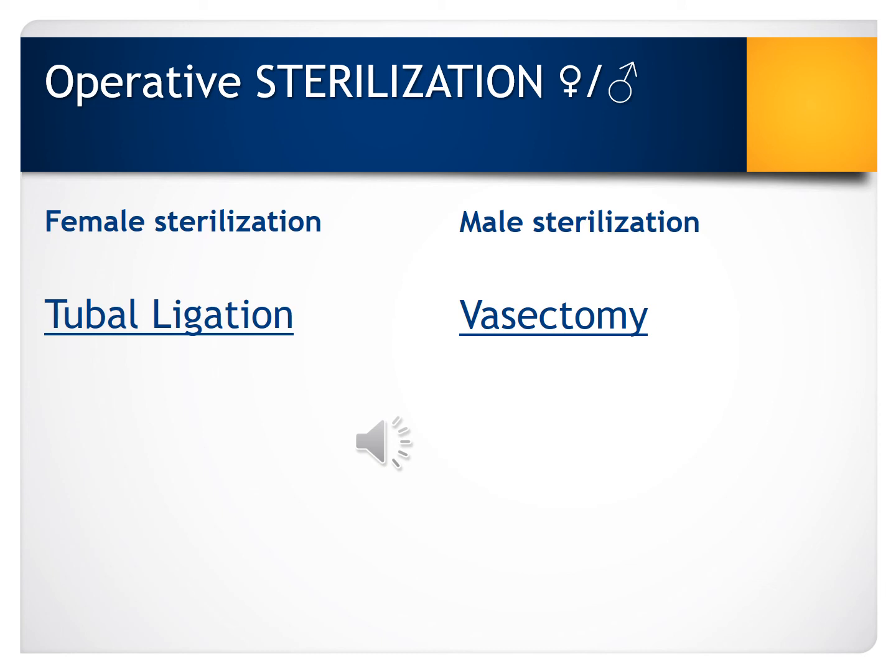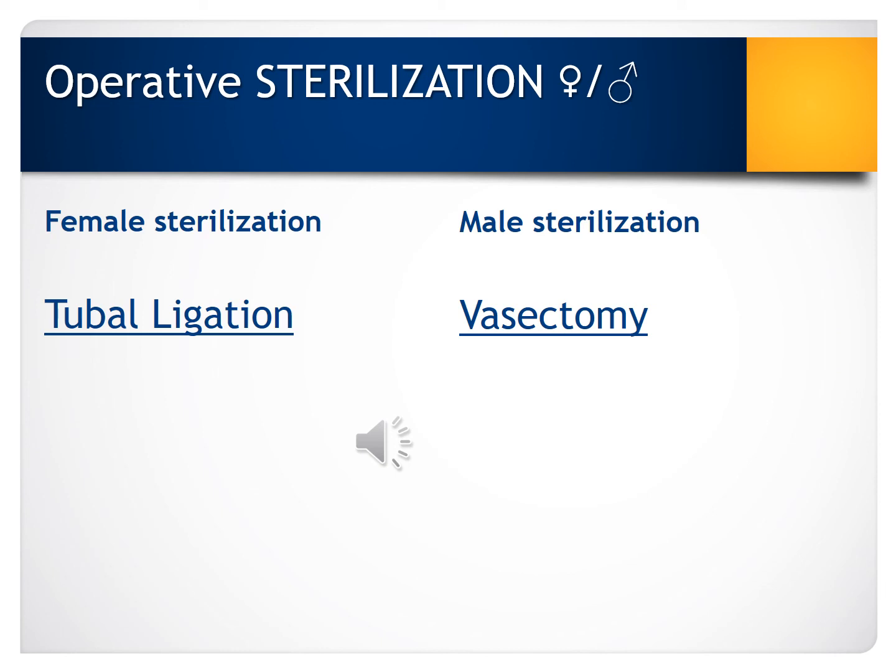So contrary to what some people believe, that tubals can be reversed, that's not the intent. A woman can still get pregnant, most often through artificial insemination, but not through the fallopian tubes itself if she's had a tubal ligation or the Essure method, which we'll talk about in the next slide.